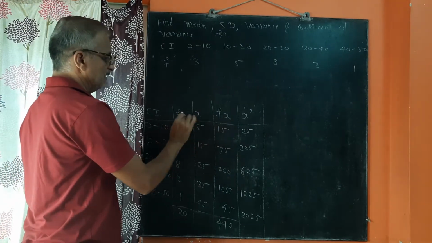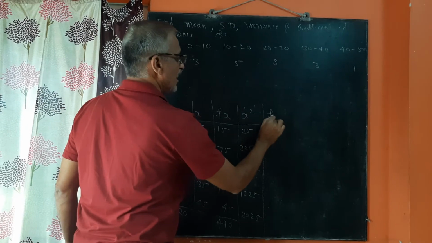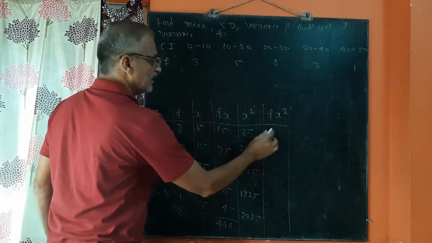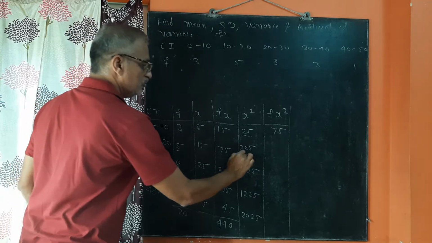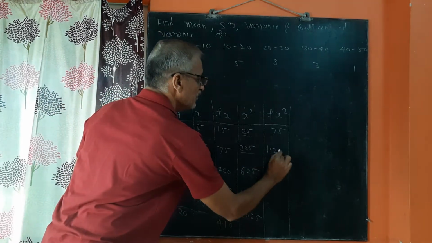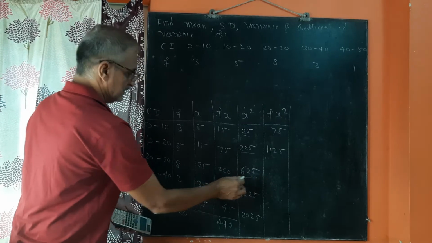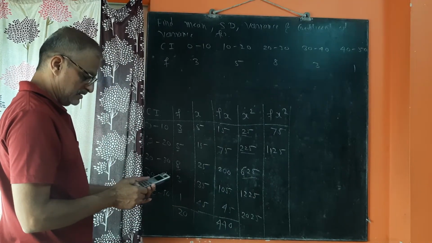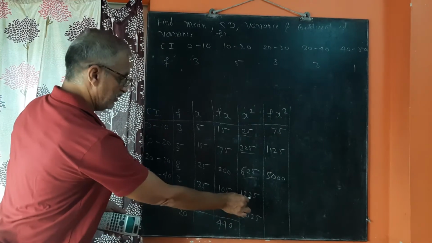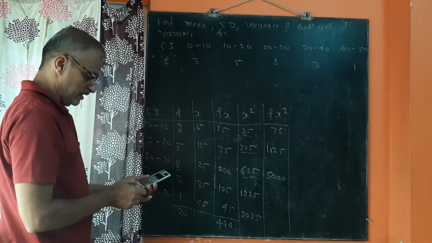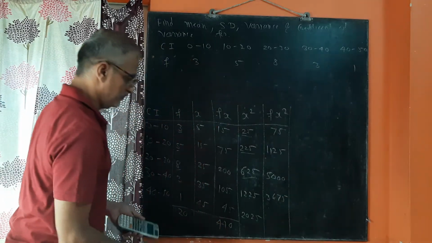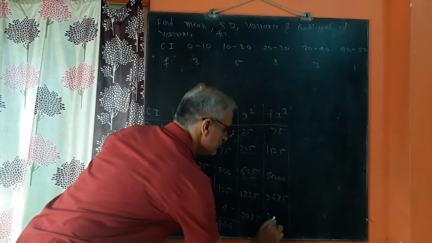Then comes f into x square. 3 into 25, that is 75. 5 into 225, that is 1125. 8 into 625 comes 5000. 1225 into 3 is 3675. 2025 into 1 equals 2025.